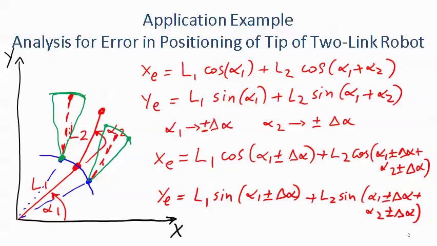So now we observe that if the rotation due to positive alpha 1 gives us this point, and the rotation due to negative alpha 1 gives us this point, then our linkage will be anywhere on a surface that will be given by points that are at the minimum and maximum of these two arcs.